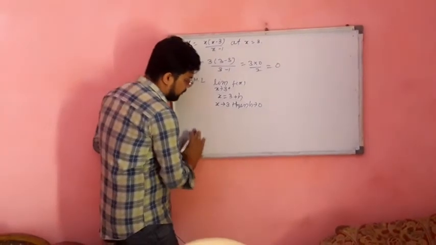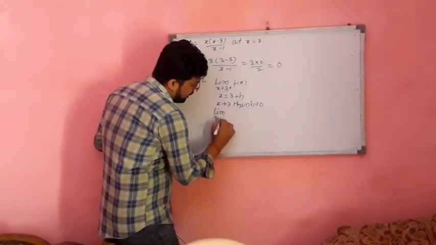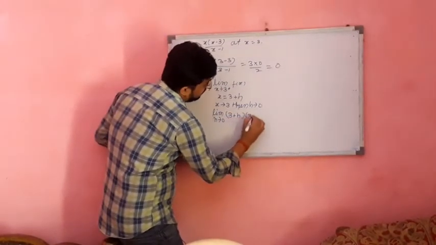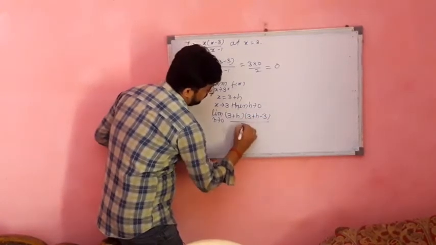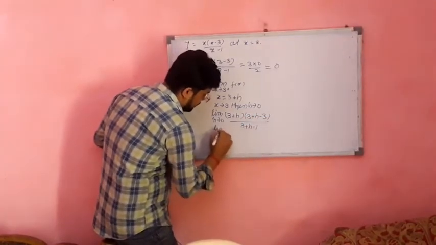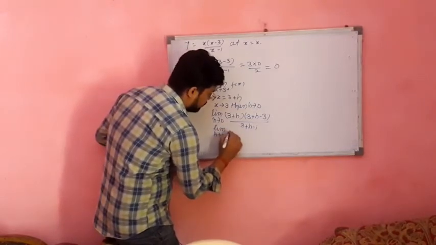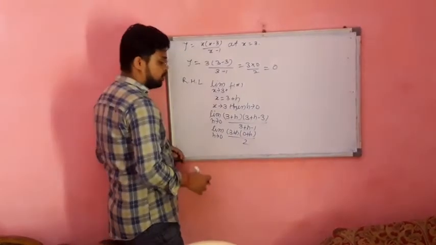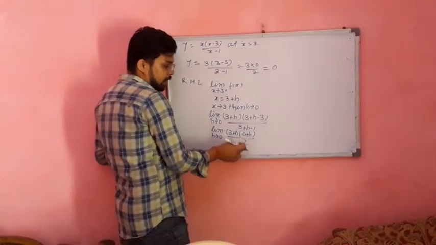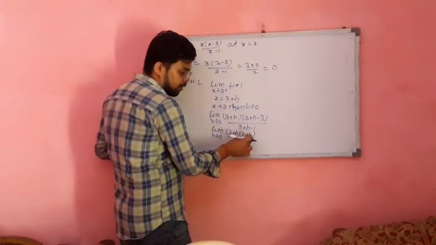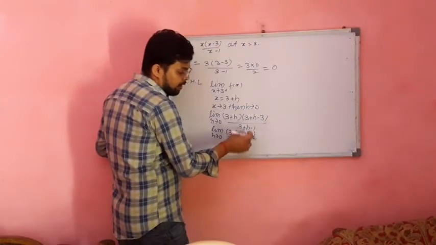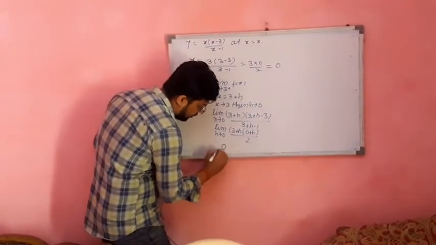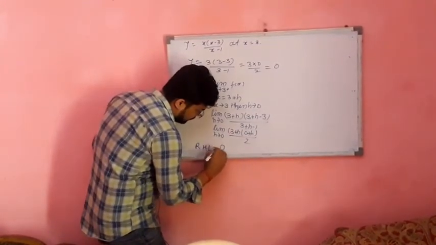So we will write limit h tends to 0, in the place of x I will write 3 plus h: 3 plus h into 3 plus h minus 3 upon 3 plus h minus 1. Limit h tends to 0, 3 plus h into 0 plus h upon 2 plus h. Here h tends to 0, it means we will put h is equal to 0. So this value will become 0, and when this value is multiplied by this value, the whole value will become 0. So in the end we get 0. So RHL I get 0.